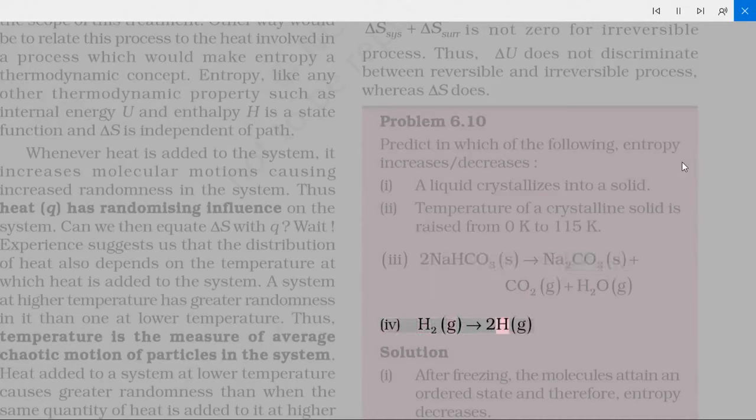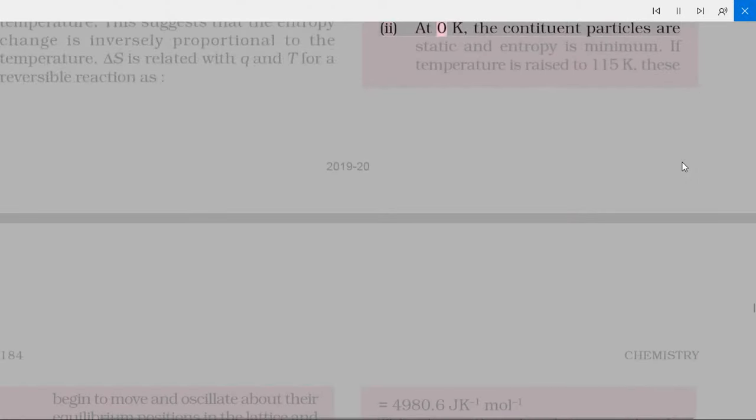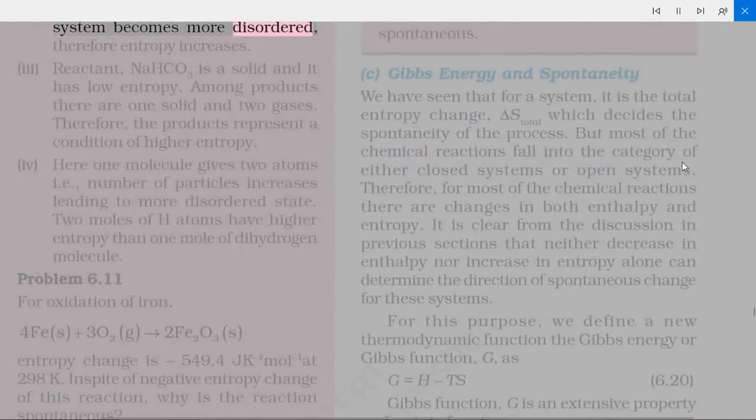Solution. 1. After freezing, the molecules attain an ordered state and therefore, entropy decreases. 2. At 0 K, the constituent particles are static and entropy is minimum. If temperature is raised to 115 K, these begin to move and oscillate about their equilibrium positions in the lattice and the system becomes more disordered, therefore entropy increases. 3.